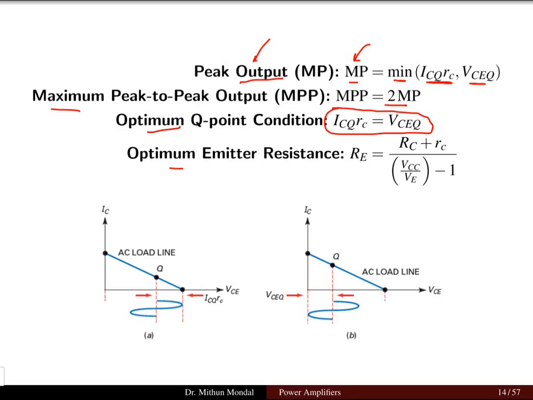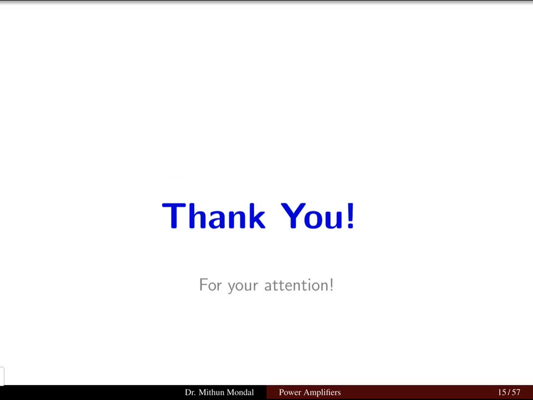The optimum emitter resistor that can be present in the network can be found by this equation. So the Q point location plays a very important role in getting the maximum output voltage, and it has to be at the center of this load line. Then we can get the maximum output in the voltage amplifier.